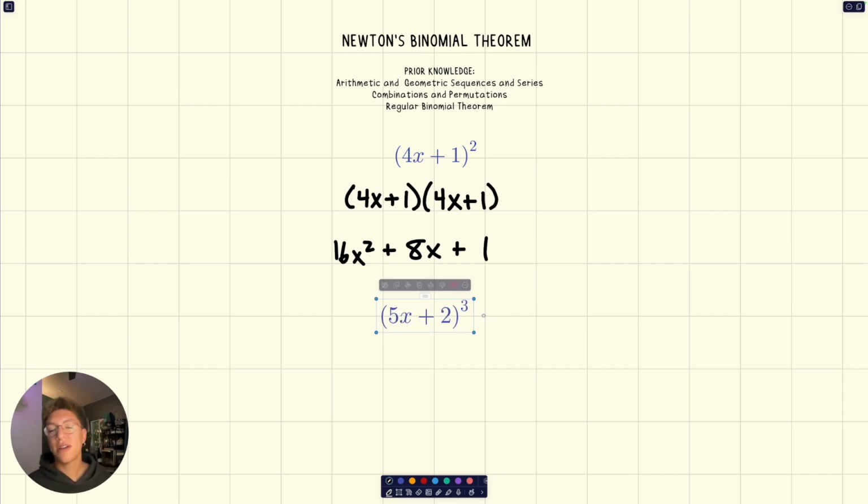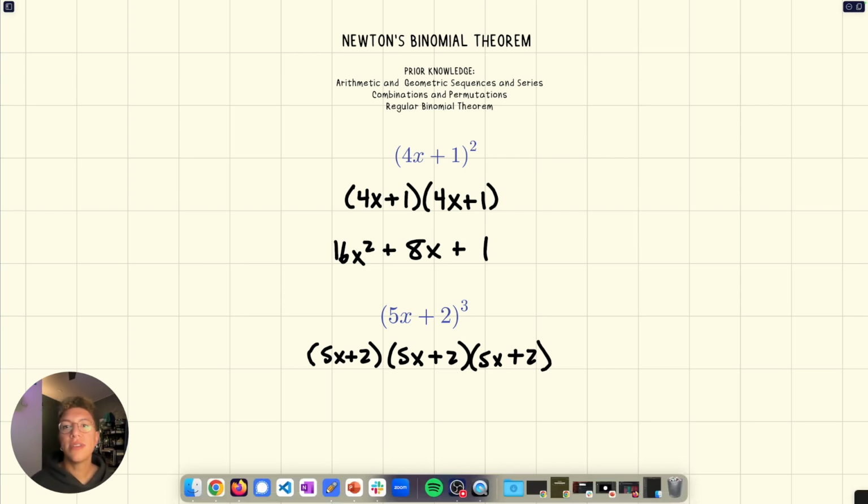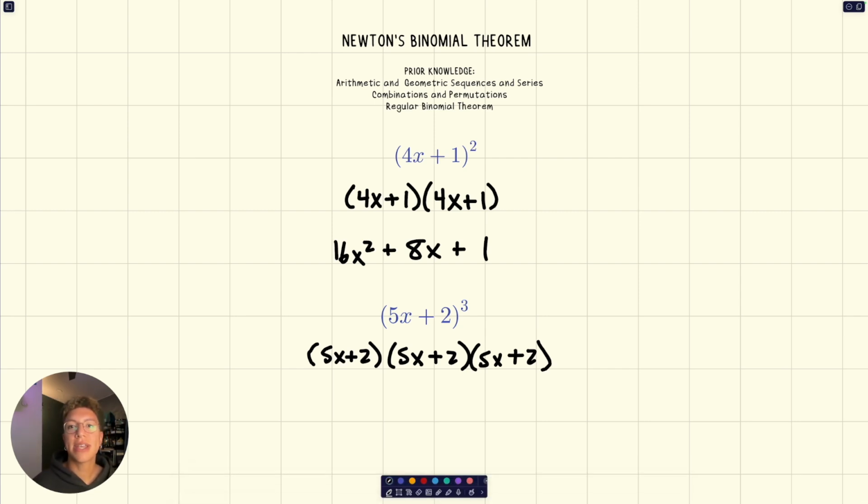We could take our binomial once again, and we can multiply it by itself 2 times. And of course, we're pretty lazy. So to do this 2 times means we have to FOIL out twice. Instead of that, we say, well, is there a faster method that we could use? That brings us to the binomial theorem, or the start of the binomial theorem.